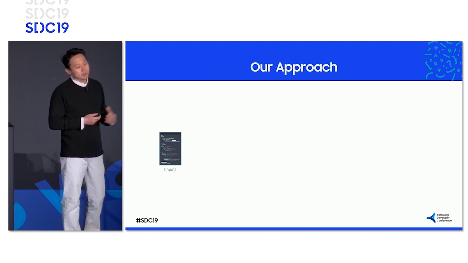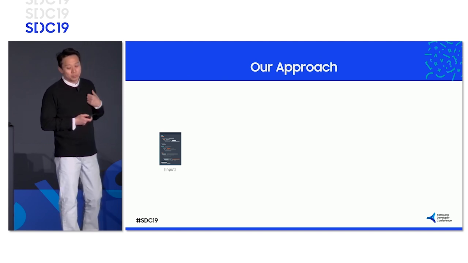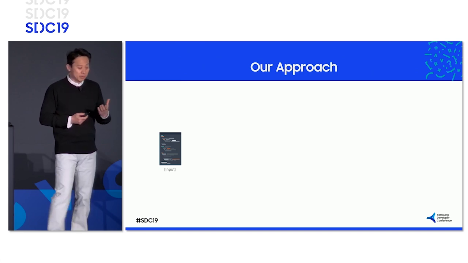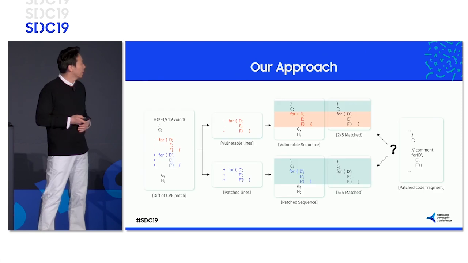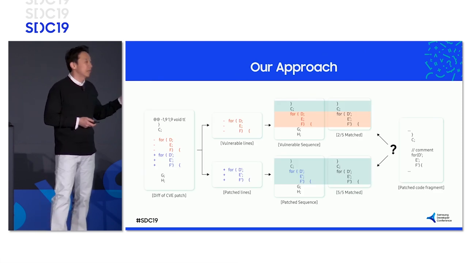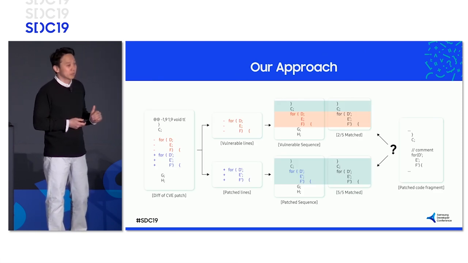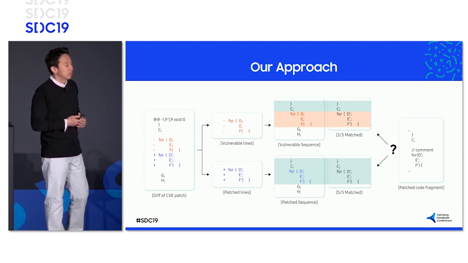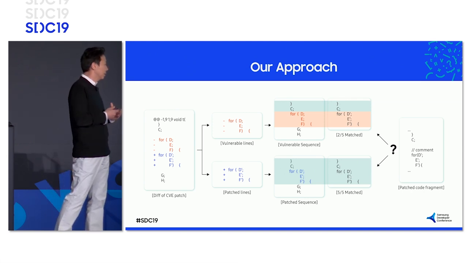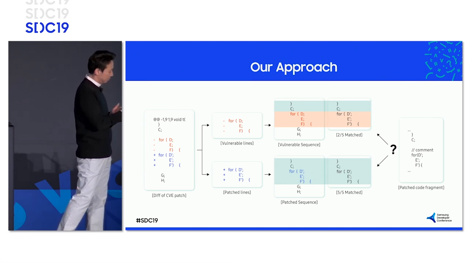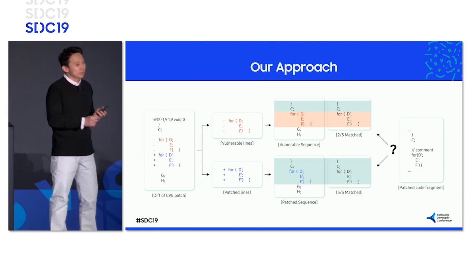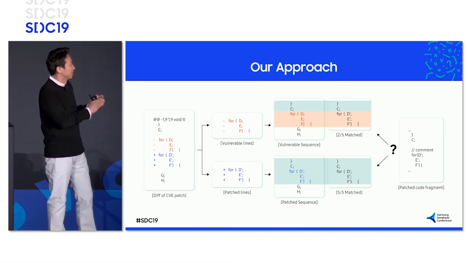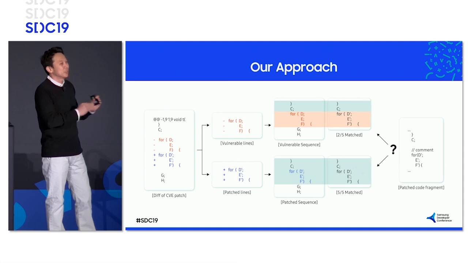So actually, given some targeted source code, we use two algorithms. Our algorithm has low false positives and high accuracy, but sometimes it is difficult to decide because the similarity is difficult to distinguish.